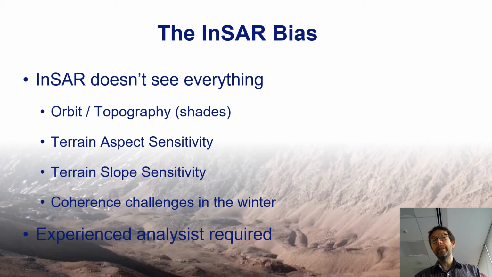And assuming then a linear model, or extrapolating it linearly over the winter time where you do not have good coherence in your InSAR data, may again result in not the accurate dynamic results of these rock glaciers.